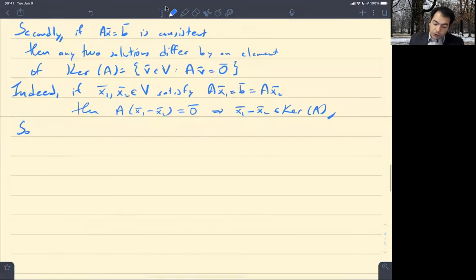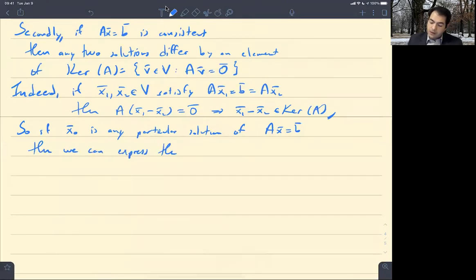Okay, so if you find one solution of Ax equal to b, then we can express the set of all solutions as, let's use S for solutions, S, which would be x naught plus v, such that v is in the kernel of A. Right?